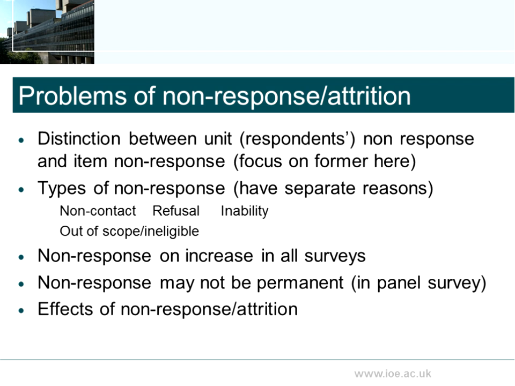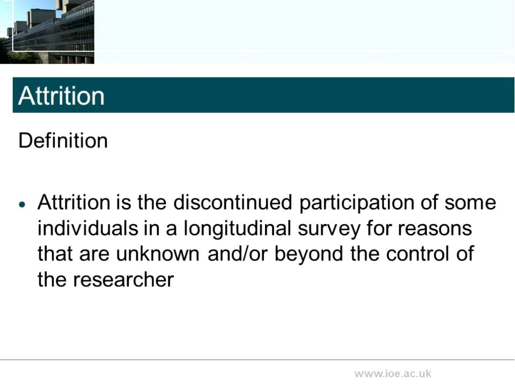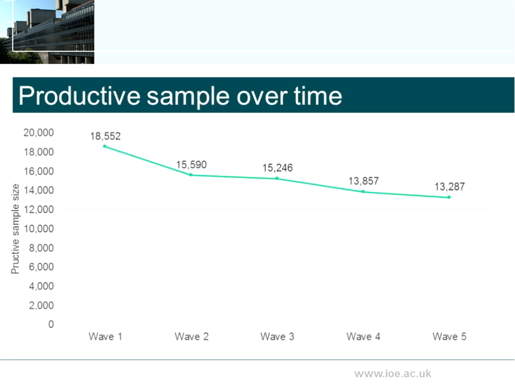So in some cases, respondents would drop out, then participate in the survey again in subsequent waves. So the exact definition of attrition is a discontinued participation of some individuals in a longitudinal survey for reasons that are unknown or beyond the control of the researcher.